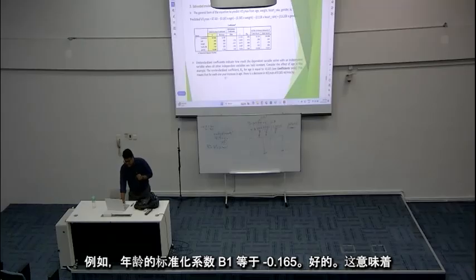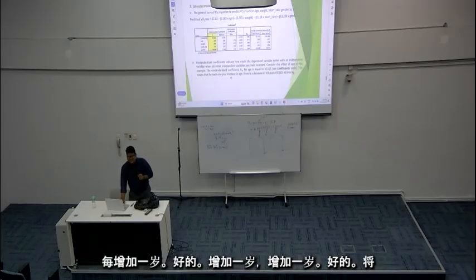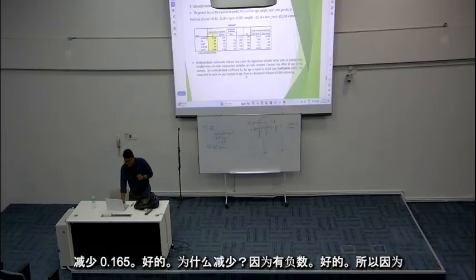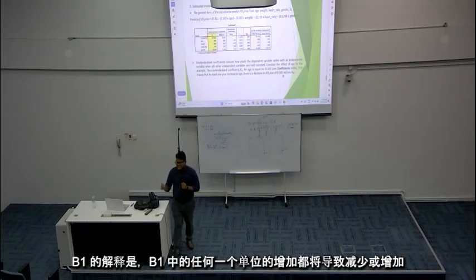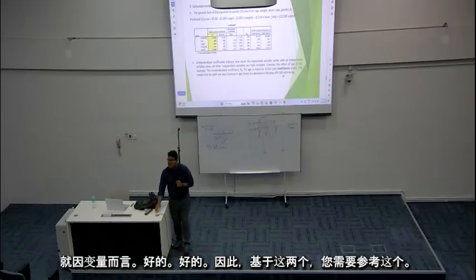This means that for each 1 year increase in age, the VO2 max will decrease by 0.165. Why decrease? Because there is a negative sign. The B1 interpretation is that any 1 unit increase will affect the decrease or increase in the dependent variable.